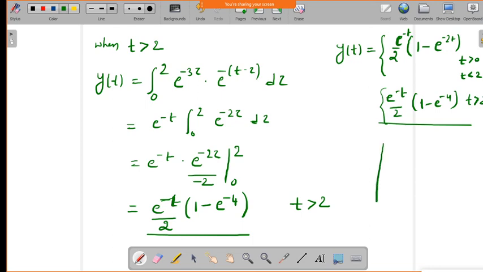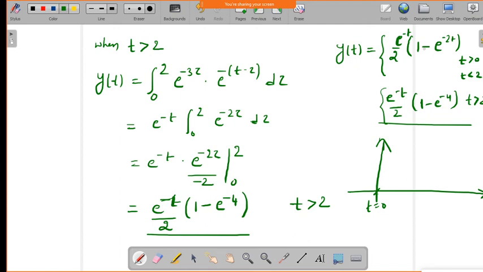The output plot will look like this. Between 0 to 2, you can take this expression. When t equal to 0, it becomes 1 minus 1, which is 0.